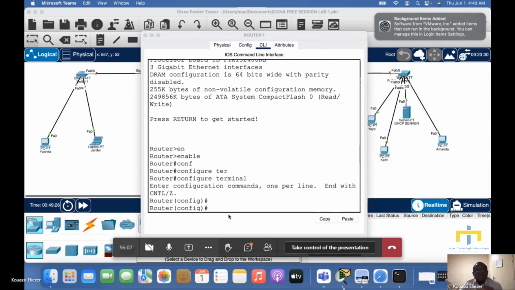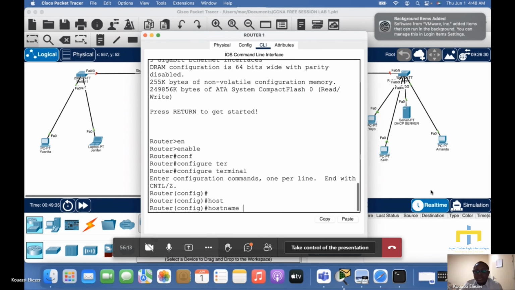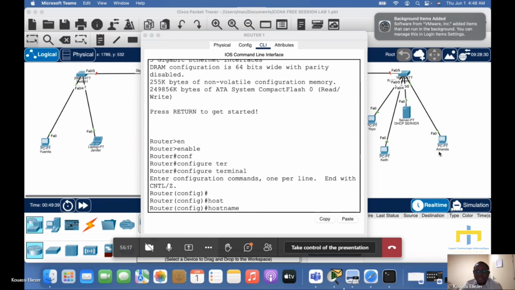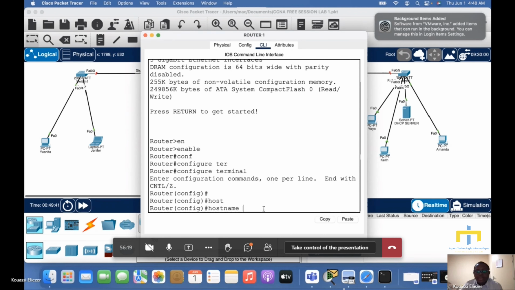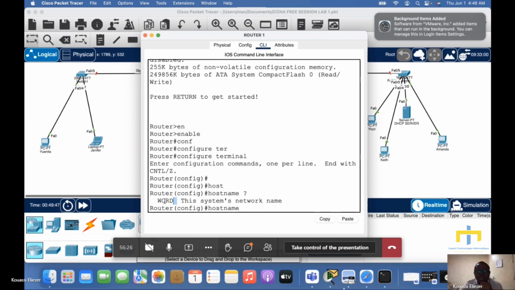So in order to apply that, the command is going to be hostname. When I type hostname and then a question mark, I can put the word I want. This is the system's network name.